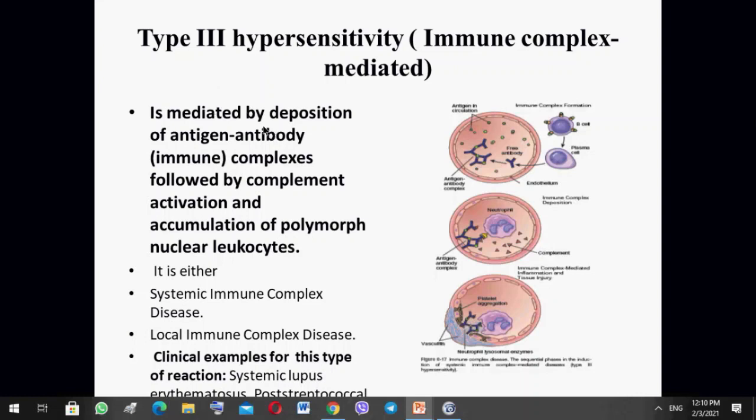It is mediated by deposition of antigen-antibody complexes, and this deposition will trigger complement activation, and the activation of the complement will trigger the process of inflammation, and it will result in accumulation of neutrophils, which we call polymorphonuclear leukocytes. So you can see here the B lymphocytes that will differentiate into plasma cells.